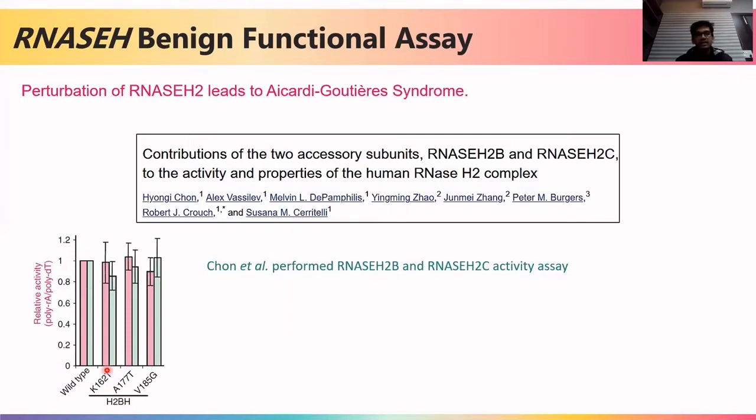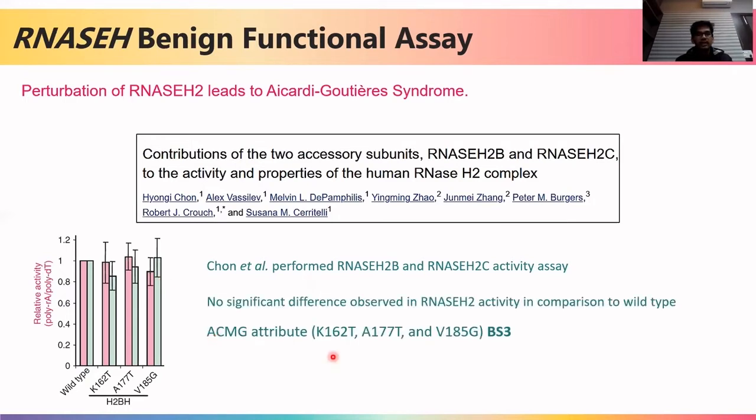But for these three variants, K162T, A177T, and V185G, the reduction in activity is not that high. In all three variants, it is not even less than 0.8, that is, not less than 80%. If the activity is not less than 50% and is much more comparable to the wild type, you won't consider it as pathogenic, it will be benign. So in that scenario, for all three variants, we will mark it as BS3, that is benign strong 3.